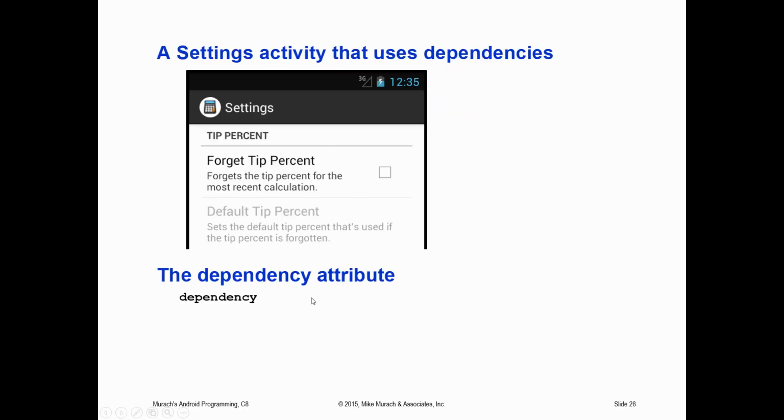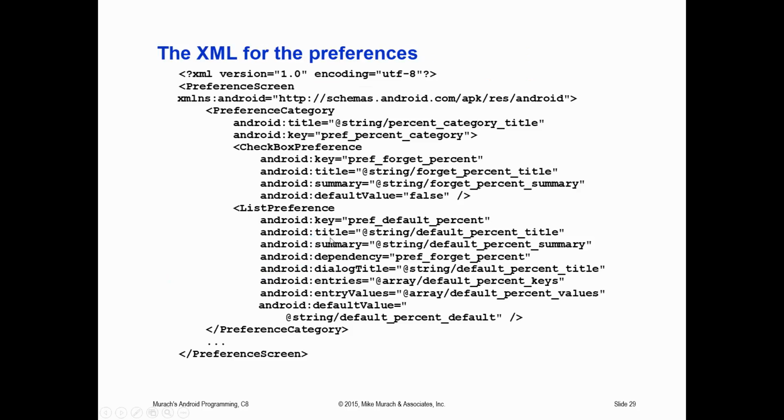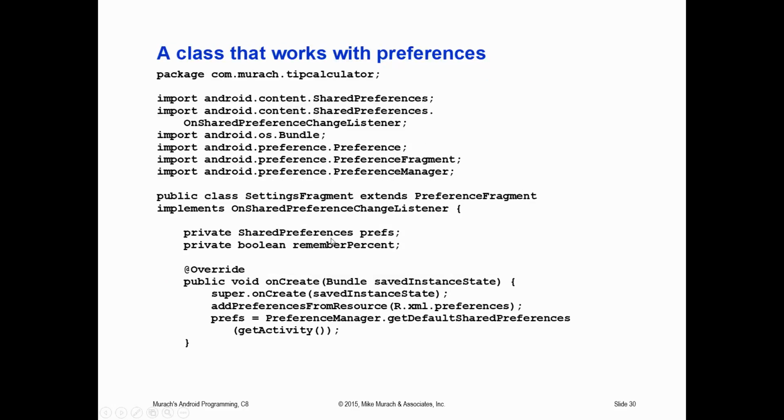Occasionally you may want to disable something, and you can see it right there. If you want to do that, you can use a preference dependency attribute, which specifies the key of the preference that the current preference depends upon. You can also work with preferences right within Java code itself.